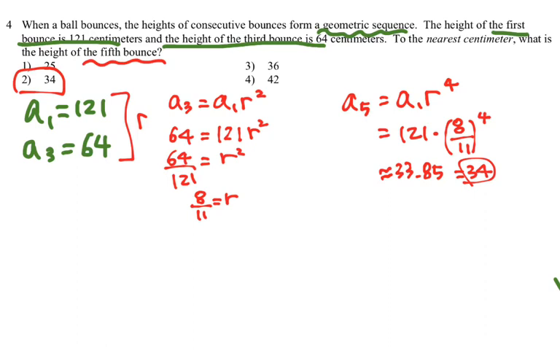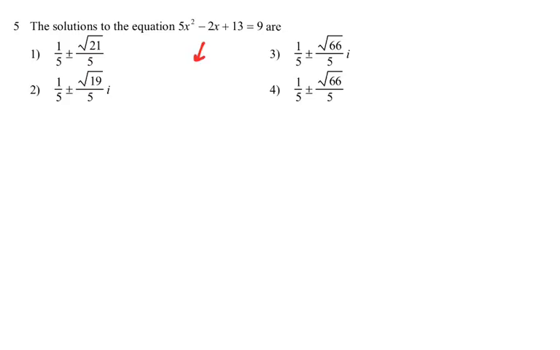Alrighty. Let's move on to the next problem, number 5. So in this case, when you look at the expression, choices, this one should remind you of the quadratic formula. So by subtracting 9 from each side, we can get 5x squared minus 2x plus 4 equal to 0.